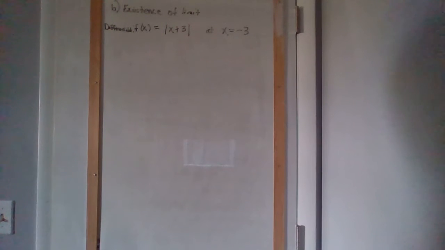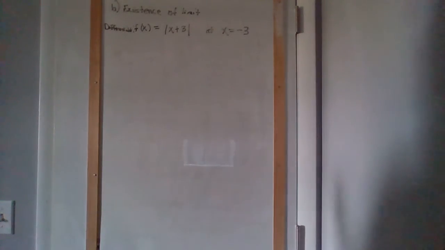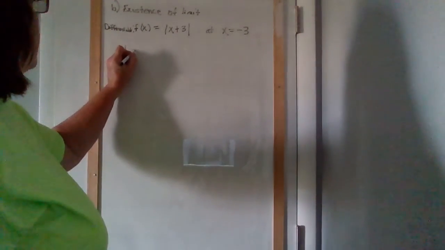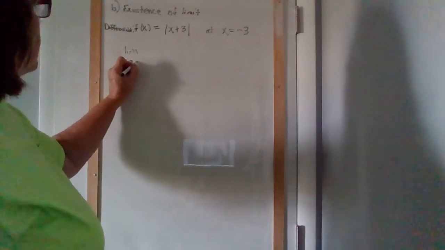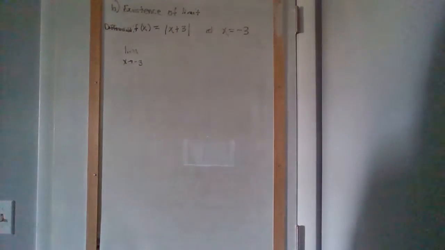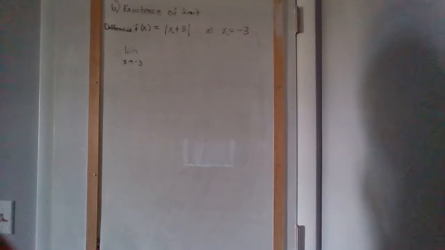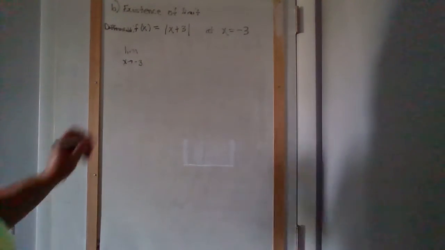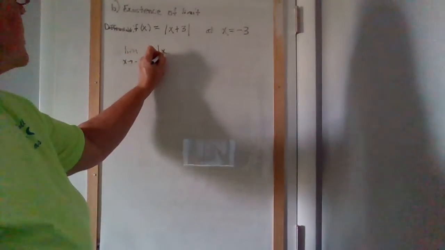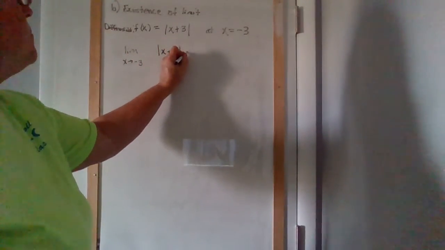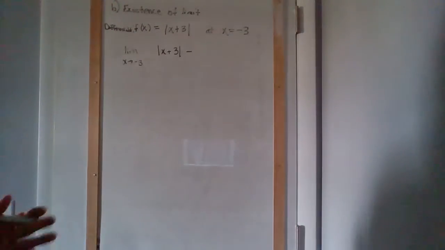Well, what you'll need to do, because it is continuous, an absolute value function is continuous, but let's look at the limit as x approaches -3. Now, I'm going to be using that definition of a derivative for when I have a specific value. So that would be the second one that I gave you, and that was f of x, so the absolute value of x plus 3, minus f of c.